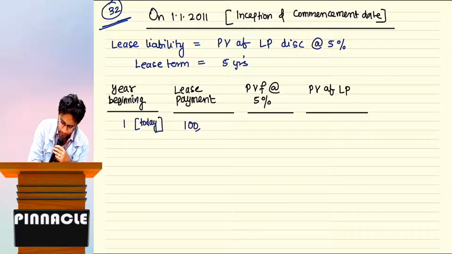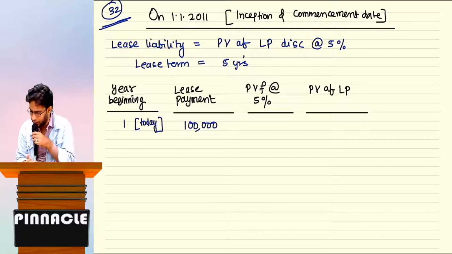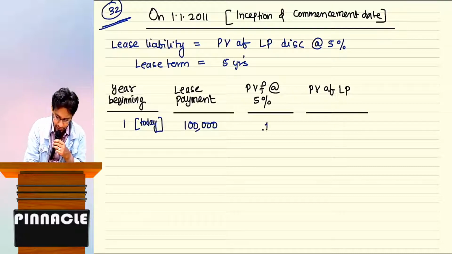Sir, right now, immediately you have to pay a lease rent of 1 lakh. For that, the P factor is 1.